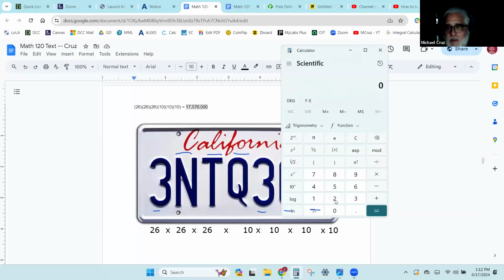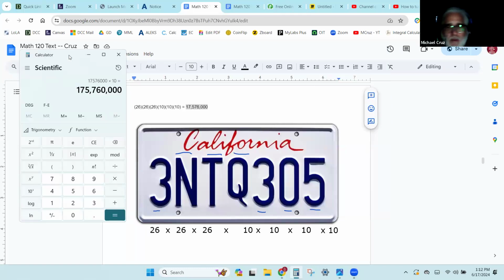So, like I said, for the 3 letters, 26 times 26 times 26. Multiplying by 10 is just adding a 0 to it, and now I'm going to multiply it by one more 10. And so that gets California up to 175 million unique license plates.